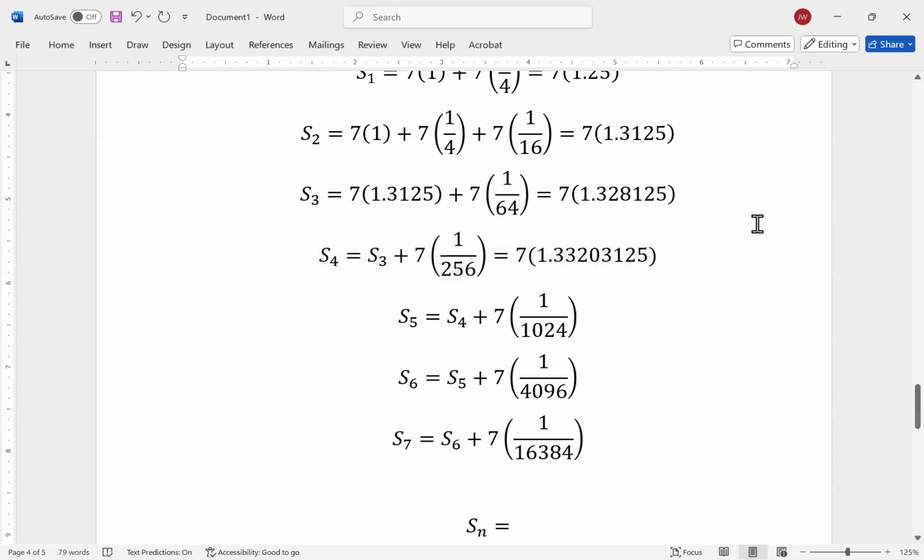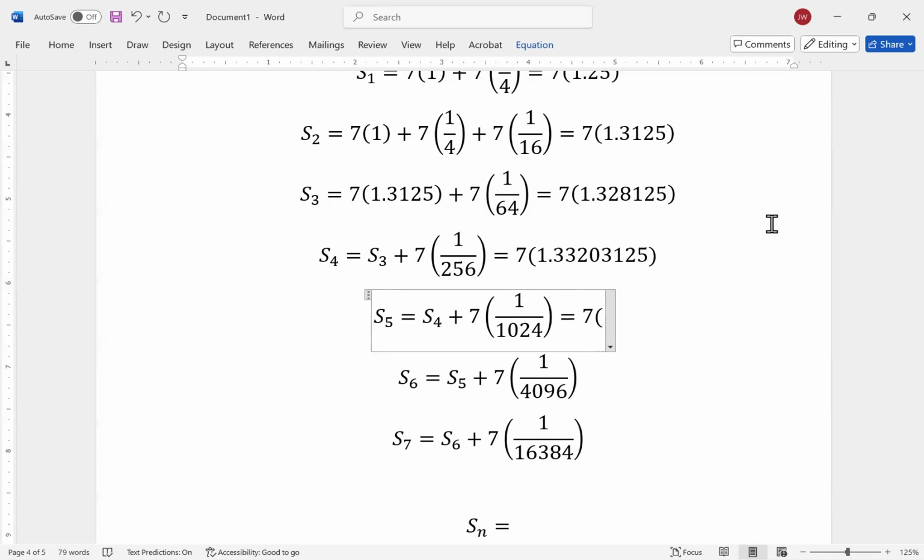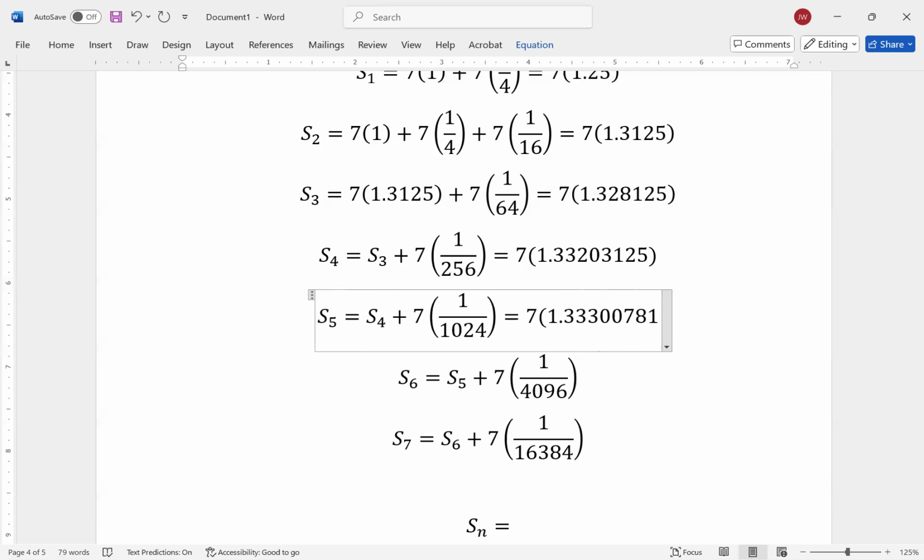That's why I didn't want to write it too long. If I then add 7 times 1 over 1024, I end up with 7 times 1.333007812. It would be 5, but my calculator rounds it. It only rounds to 9 decimal places.